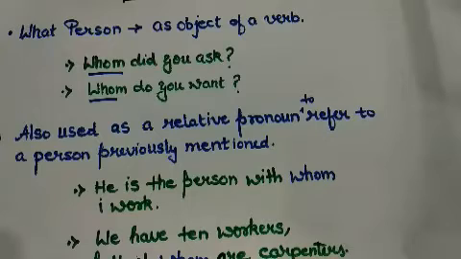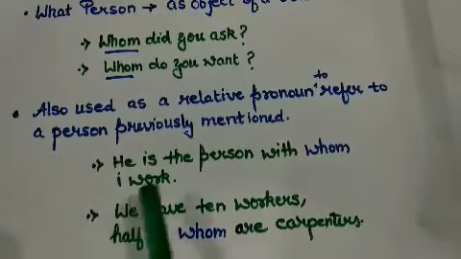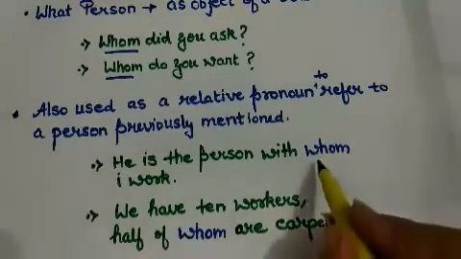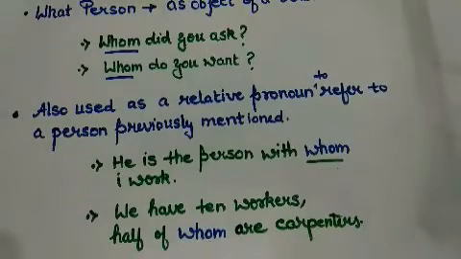Also, whom is used as a relative pronoun and refers to a person we have previously mentioned. Like, he is the person with whom I work. Here whom is acting as a relative pronoun for that person I have already discussed, the person with whom I am working or have worked.